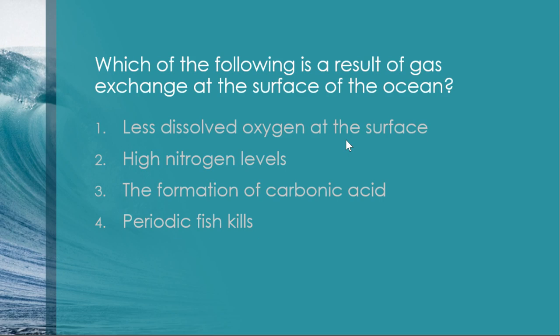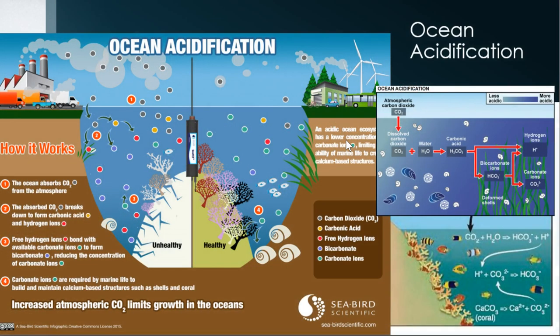By the way, there will never be less dissolved oxygen at the surface if you have photosynthesis going on, because photosynthesis produces oxygen. Okay, so the problem here is the formation of carbonic acid. And in the normal cycle, the formation of carbonic acid is not a big deal, right? CO2 is dissolved, it mixes with the water, hydrogen dissociates and forms carbonic acid. This is the equation for this, right? Now, here's the thing though, right?